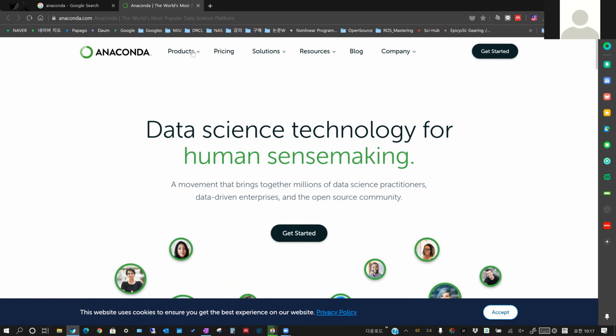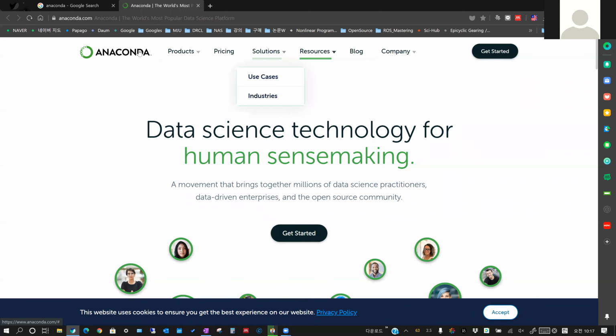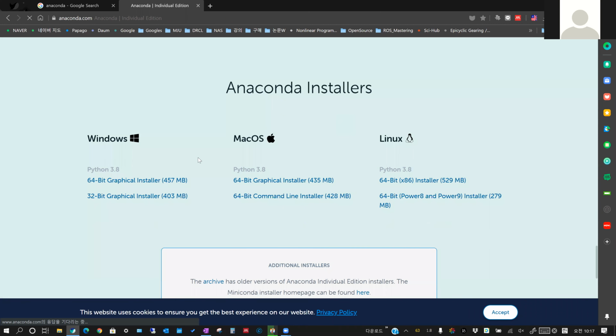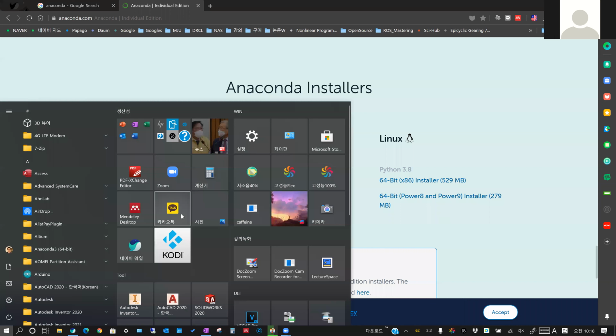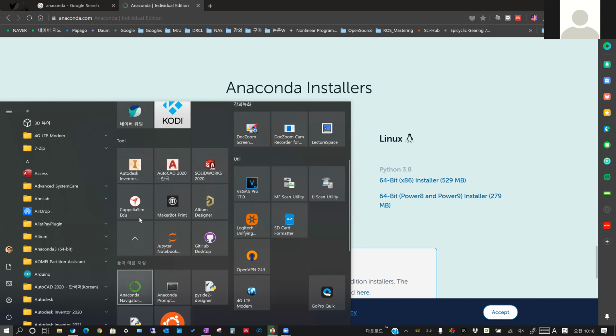If you install this one, okay, Anaconda, get started. Download the Anaconda installer. You can install as you want. In my case, I installed the Windows Python 64-bit graphical installer. And after installing this one, you can get this Anaconda Navigator.